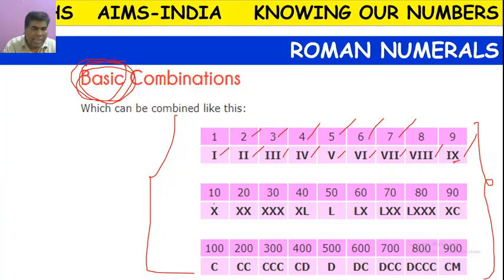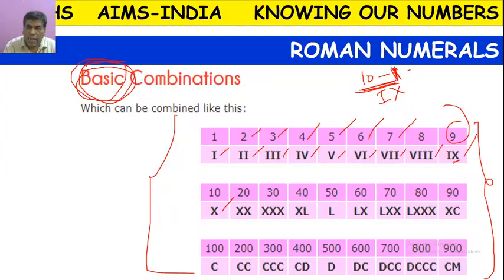X stands for 10. What is 9 here? 10 minus 1. As we are doing subtraction, the symbol I is to be written here, and the 10 symbol X is to be written after it.